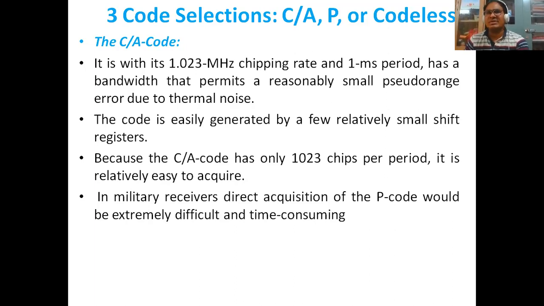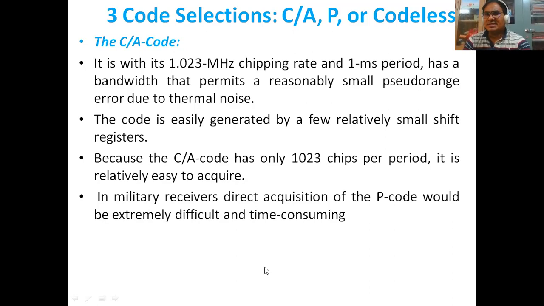Of course, this is not required for us, that will be taken care of by the master control station. And the chipping rate is here 1023 chips per period. Here 1 millisecond is the period of the C/A code, and it is easy to acquire.